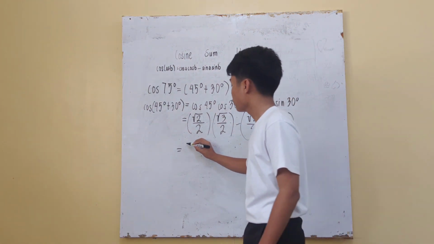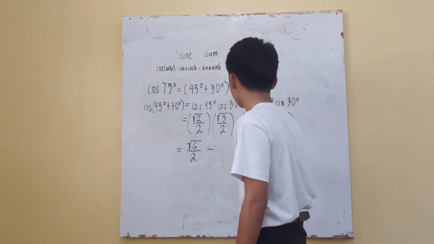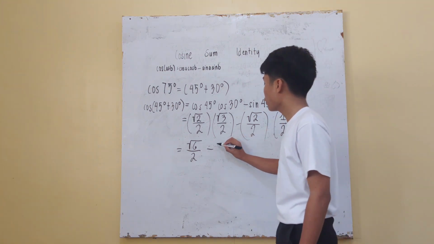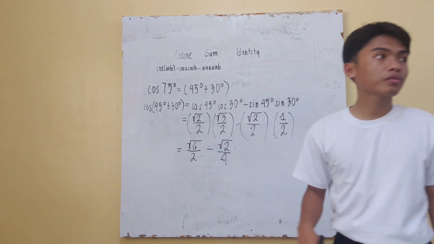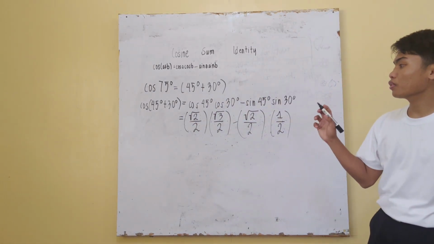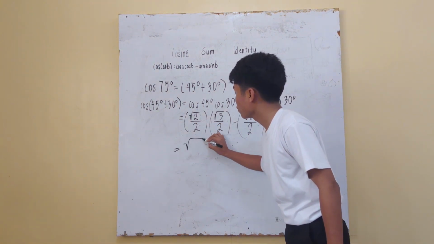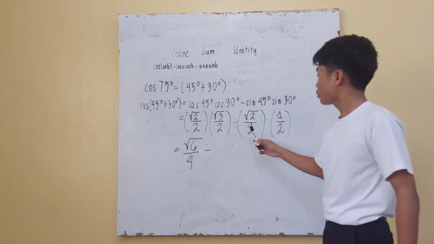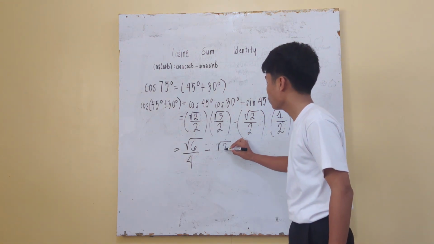So when we multiply the first pair, we get square root of 6 over 4, minus, when we multiply the second pair, square root of 2 over 4.